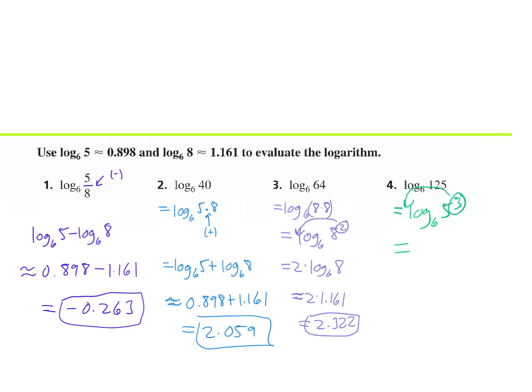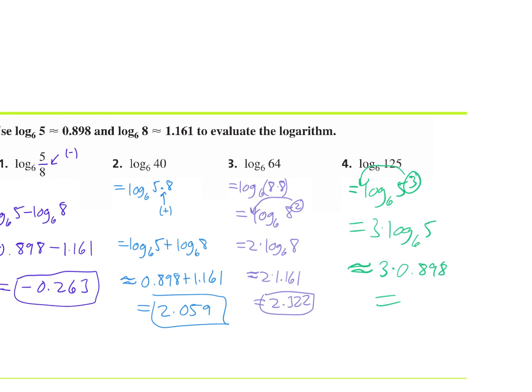All right, so this is 3 times log base 6 of 5. Let me say that this is approximately 3 times 0.898, and this is 2.694.